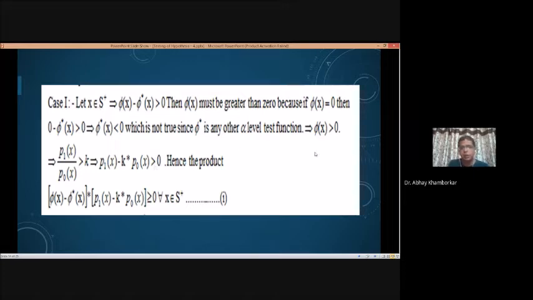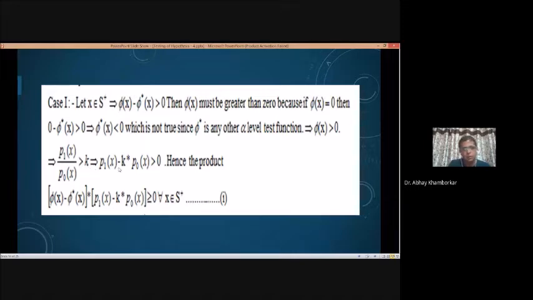ये कंडीशन क्यों आई है? बिकॉज रिमेंबर दैट phi of x will be equal to 1, phi of x will be a value between 0 and 1, and phi of x will be equal to 0. So when I say that phi of x is greater than 0, इसका मतलब है थर्ड कंडीशन रूल्ड आउट हो. दो कंडीशन बची है. वो दो कंडीशन कौन सी है? एक कंडीशन में वी हैव p1x अपॉन p0x ग्रेटर देन k, और दूसरी कंडीशन है p1x अपॉन p0x इक्वल टू k, राइट? सो ये दोनों कंडीशन का कॉम्बिनेशन मतलब p1x अपॉन p0x ग्रेटर देन इक्वल टू k.